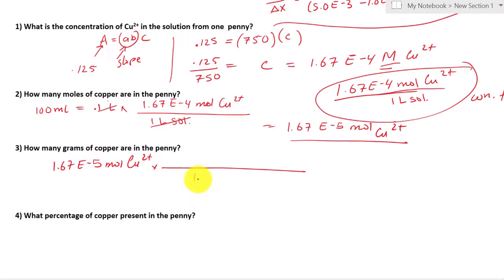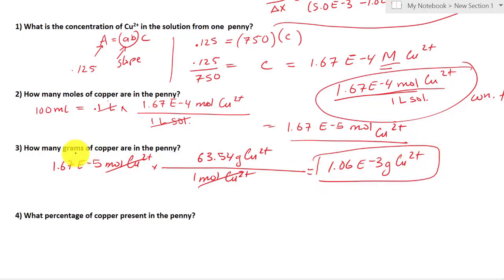So we have 1 mole of copper 2+ on the bottom, and the grams will be on top, 63.54 grams of copper 2+. The moles cancel out, and if we plug this into our calculator, we have 1.06 e to the negative 3 grams of Cu2+. And that would be the mass of copper in grams right there.